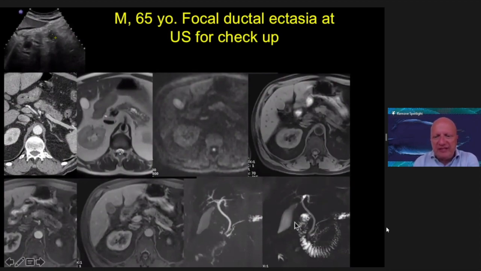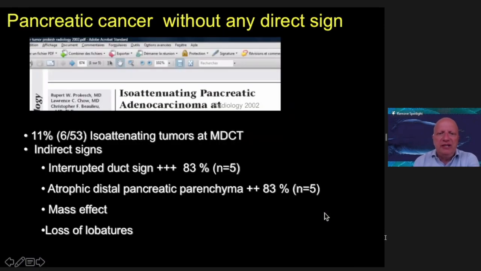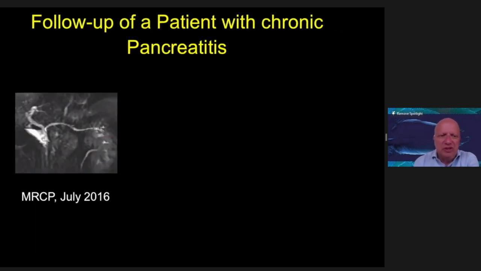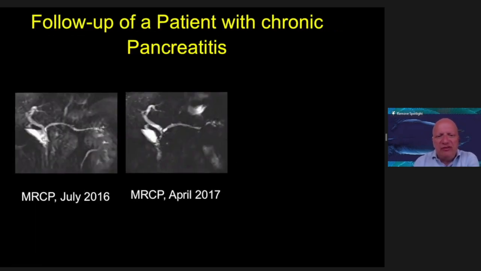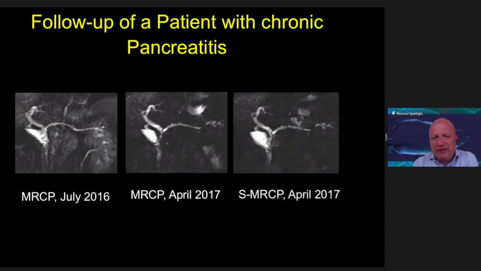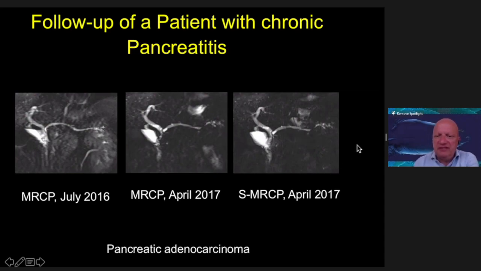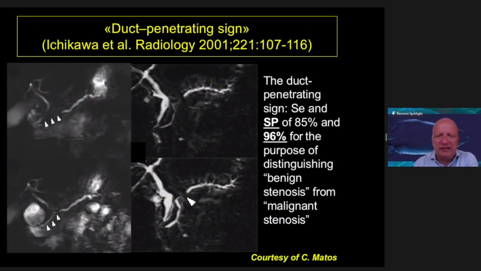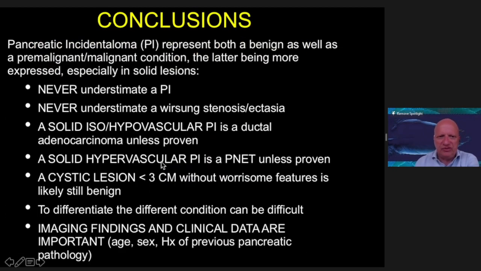Remember, whenever you see a stenosis with ectasia, these are signs of a small pancreatic adenocarcinoma not clearly visible. Also when you follow up patients with chronic pancreatitis and you see a stenosis not seen before, which does not reverse after secretin, this is a sign of a pancreatic carcinoma in patients with chronic pancreatitis. Remember that secretin can be very useful to make the correct diagnosis.